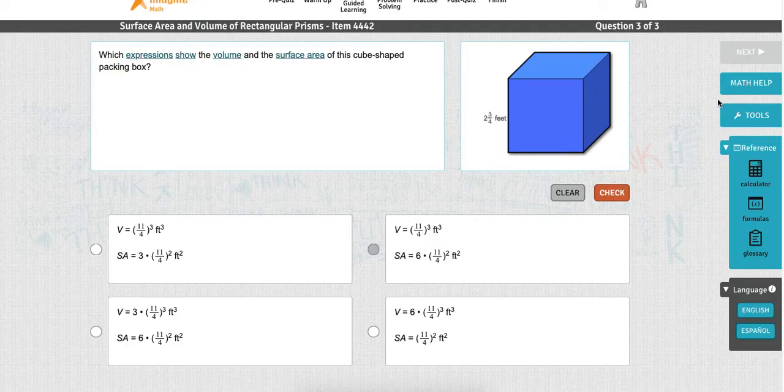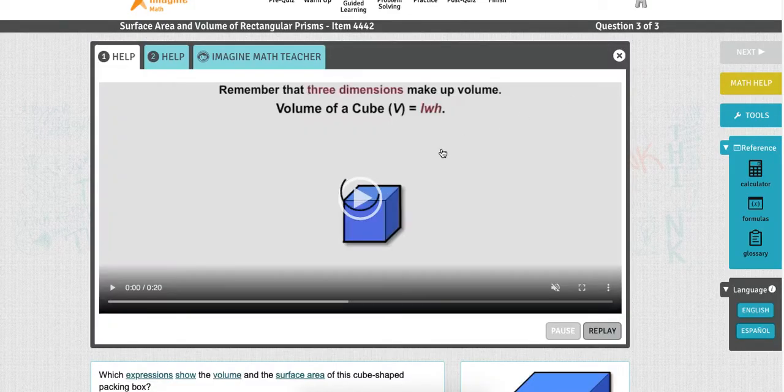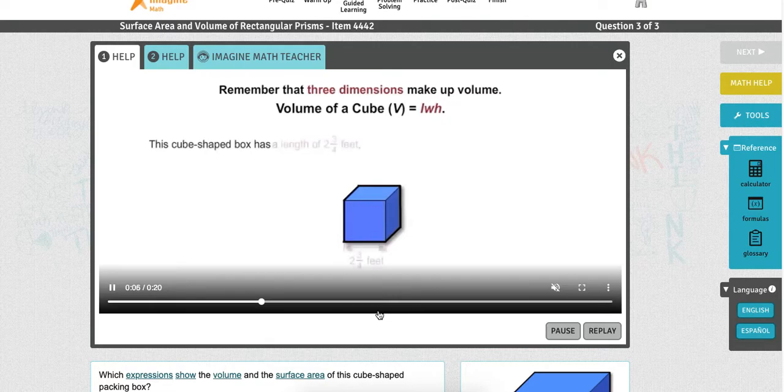Now, if I've completely confused you at this point, you can always use the math help, in which they're probably going to say something similar to what I did. But if you still need that other help, you can use it.